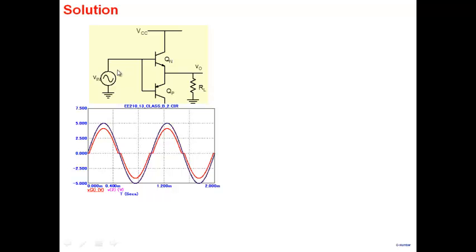So understand why the distortion is there. The distortion is there because when this input voltage is 0, both transistors are off. I need to apply a certain input voltage, 0.7, to turn it on. So if I want to get rid of that, the way to ensure is that even for 0 volt, my transistor is very close to turning on. Which means that by some means, if I take my transistor QN and I bias it at maybe 0.65 volt, it's at the threshold of conduction.